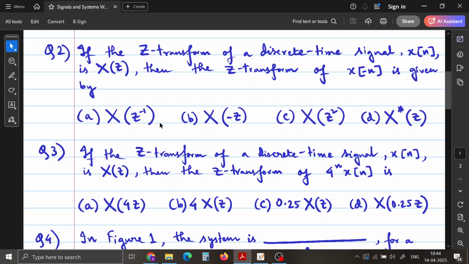So it's given that if the z transform of a discrete time signal x of n is capital X of z, then the z transform of 4 raised to the power n times x of n is what? Again we are doing some modifications on the input time domain signal, and we have to find the corresponding change that happens in its z transform.